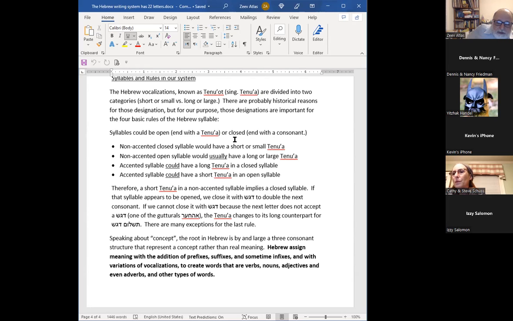So in Hebrew, shovar, the first syllable ends with a tnua. Then there are syllables that end with a consonant, like the English word "or". And in Hebrew, shovar, var, ends with a consonant.